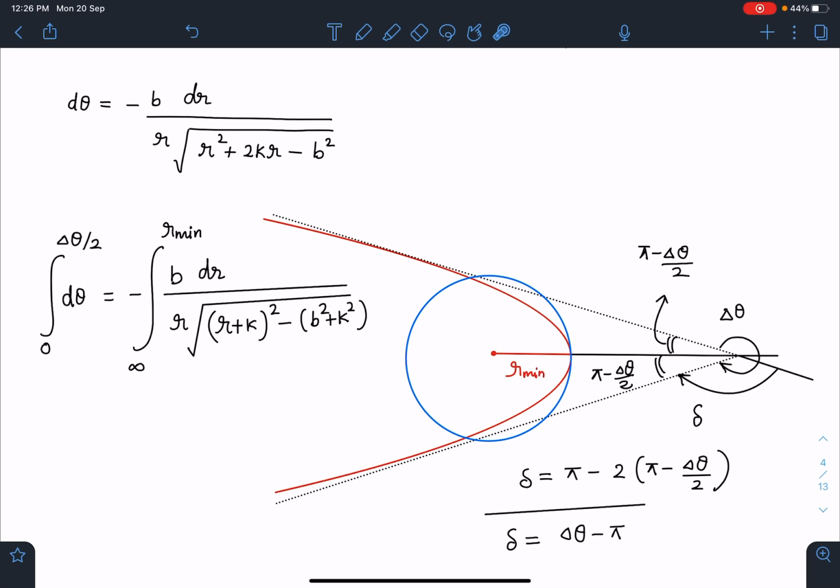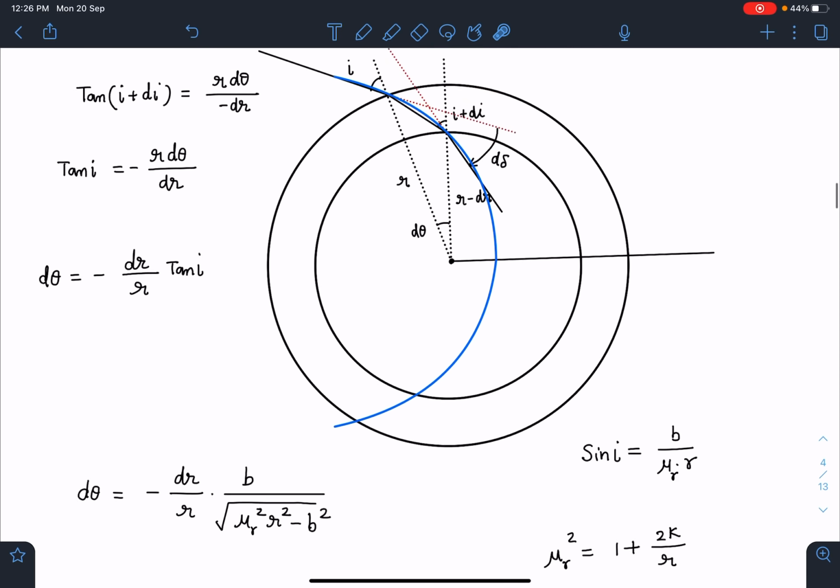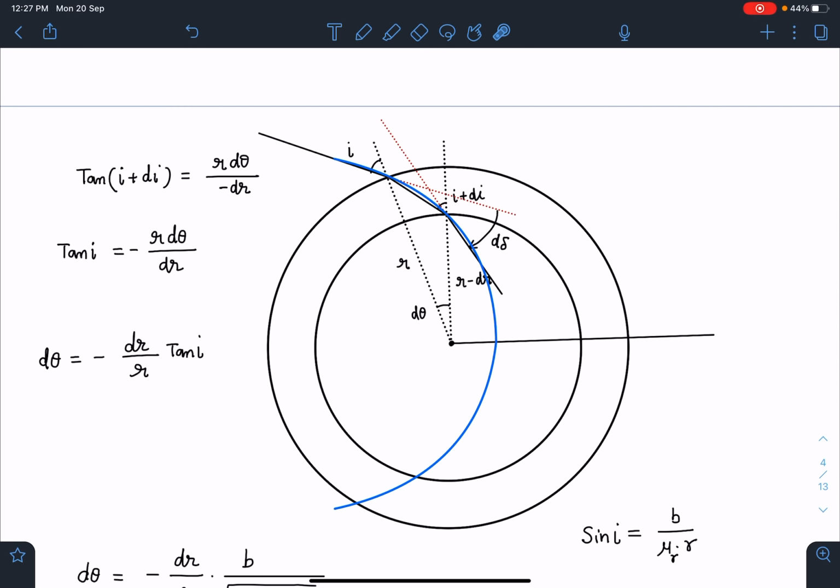Alright, so this remaining angle here I can write pi minus delta theta by 2, because overall this angle is pi, and just now we have seen the line joining origin and this line, where initially this light is, or in this diagram the rotation of this angle. So integral d theta overall in this half, if you take from infinity till here, this is going to be delta theta by 2.